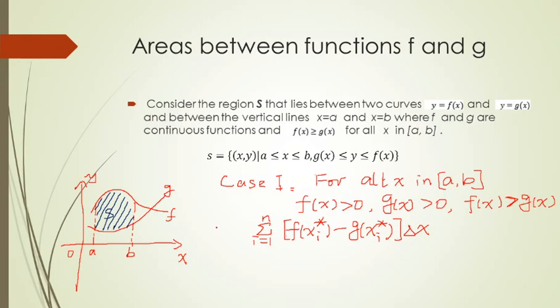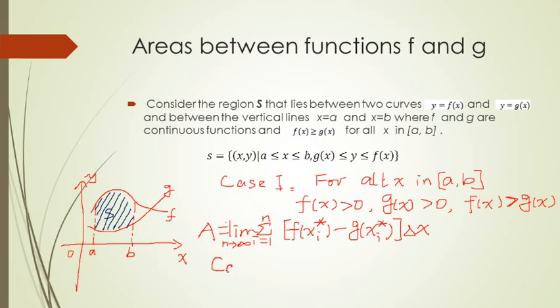The area of this region S can be approximated by those, and we can let n go to infinity, similarly to the one we defined in the previous section.